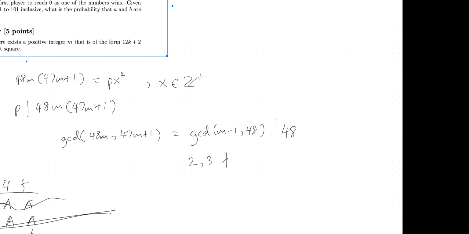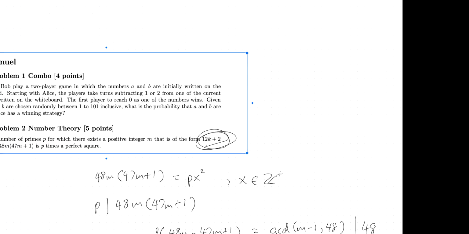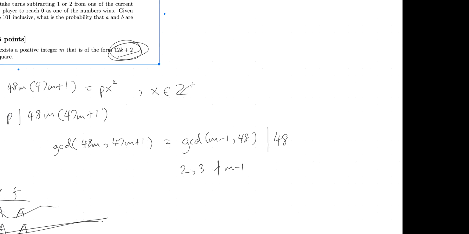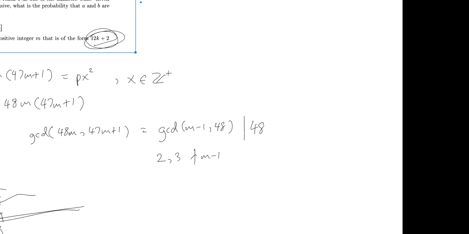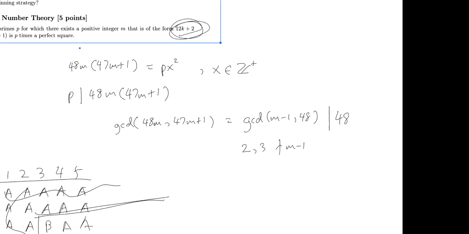Why? Because m is written in the form 12k plus 2. So m minus 1 can't possibly be divisible by 2 or 3. Given this, you realize that the GCD cannot possibly be divisible by 2 or 3, yet it divides 48.